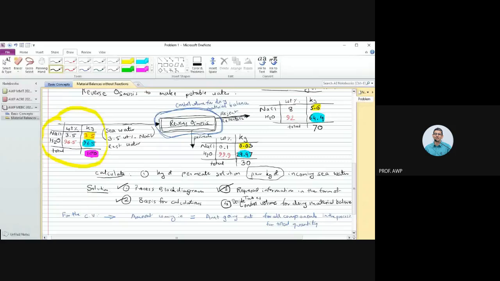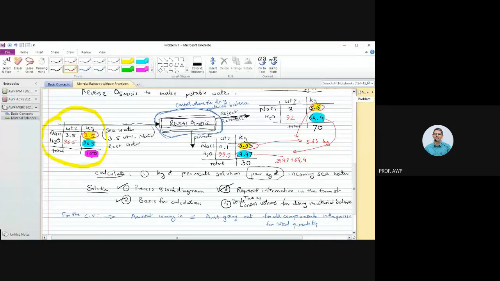Do you agree with that? But now, is the material balance for sodium chloride satisfied? 3.5 kgs are coming in, but what is going out is 0.03 kgs and 5.6 kgs. So these two put together, it is 5.63 kgs. 29.97 and 64.4 kgs is what is totally going out from the process.